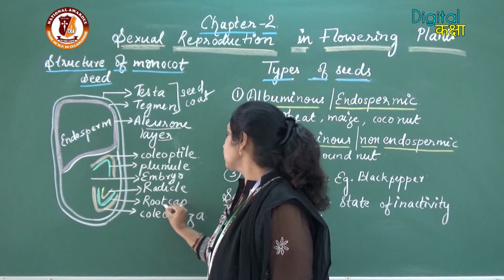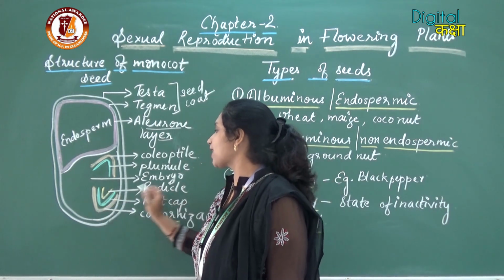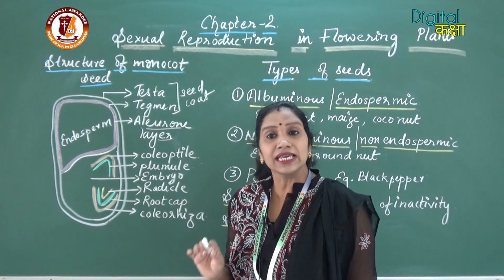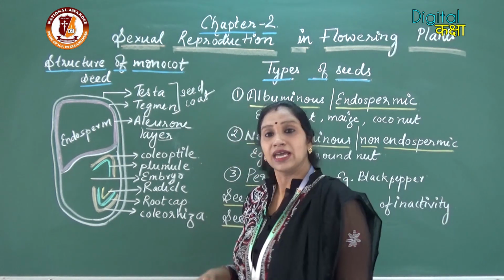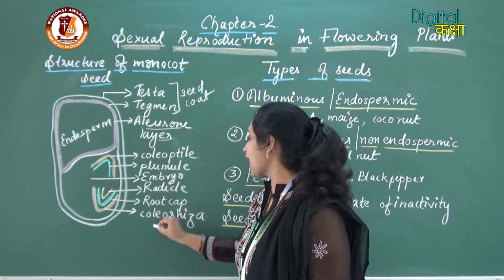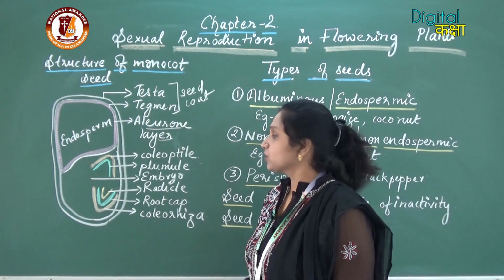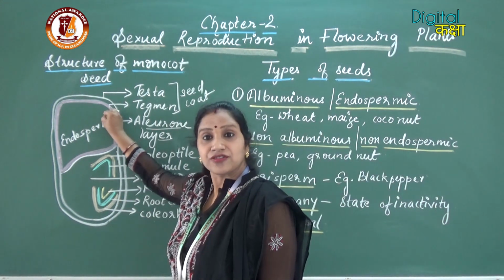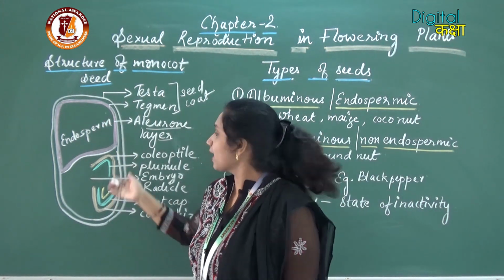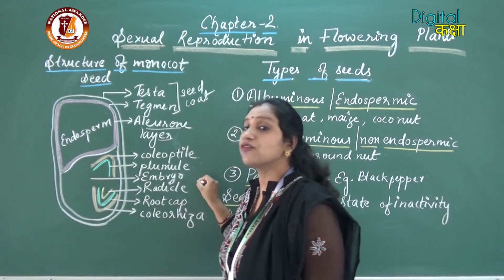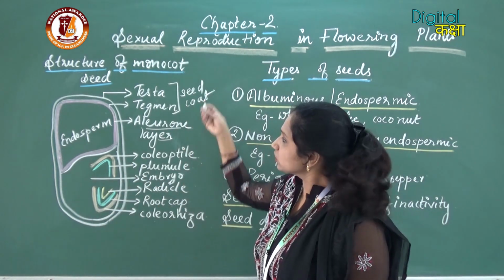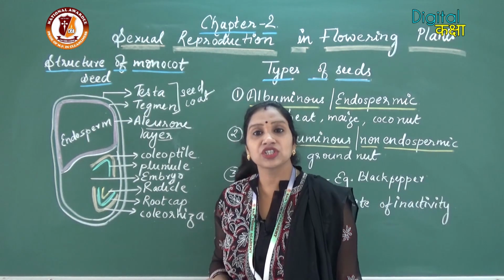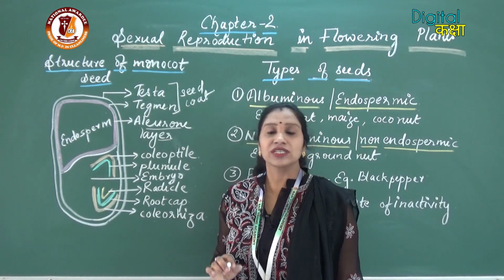Below the radicle root cap is there, and the radicle and the root cap are covered by a covering called coleorhiza. So the upper half consists of the endosperm and the lower half consists of the embryo. So this was about the structure of the monocot seed.